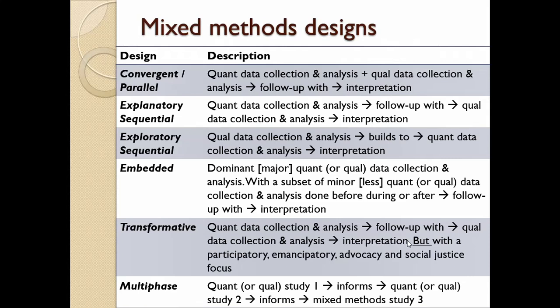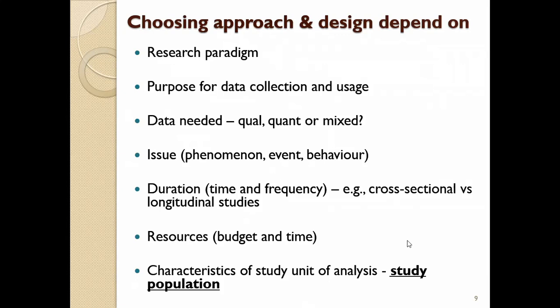So basically, these are the three main approaches, with their respective designs. So when choosing an approach or design, you have to consider the research paradigm that you want your study to focus on.